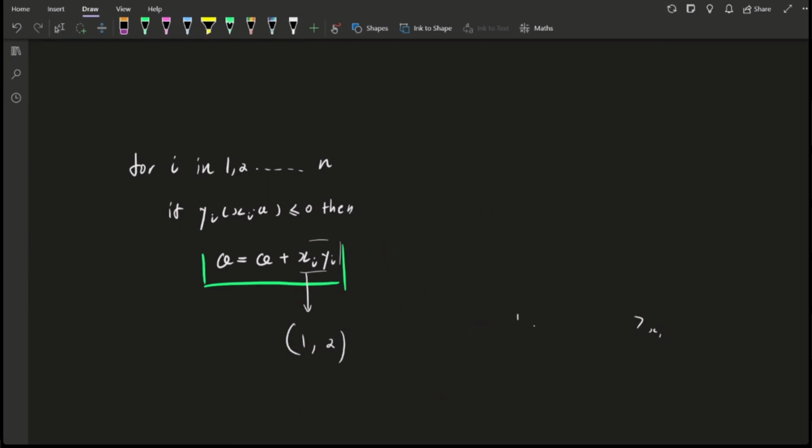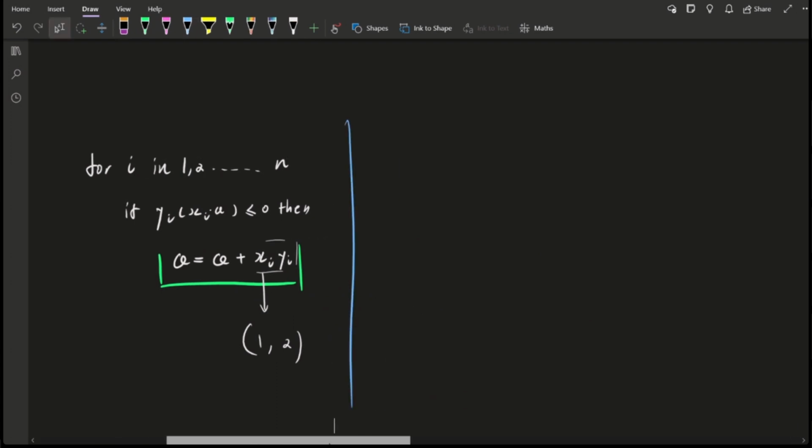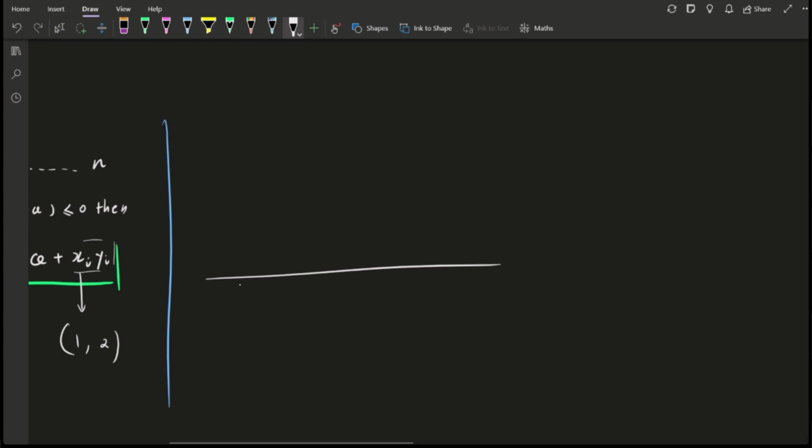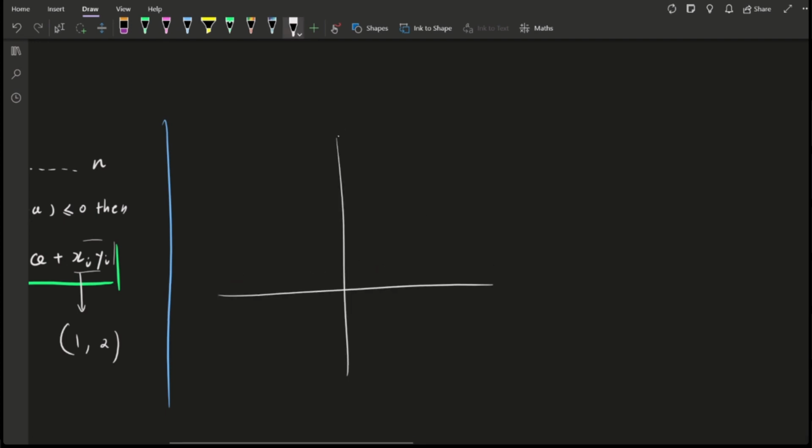Okay, yeah. Now this is a really mystic expression, so let's understand intuitively what it's doing. Let's just do the geometric analysis. Say we have a point somewhere here that is supposed to be classified positively, and now you're classifying it wrongly, right? Actually, we don't even need to draw a decision boundary. Let's just say our decision boundary is 0, so we have no decision boundary.